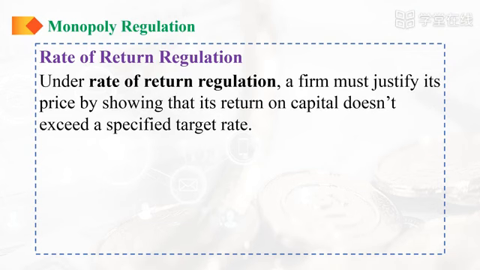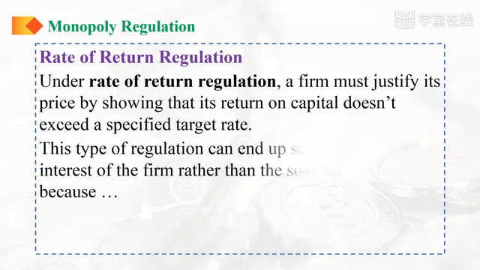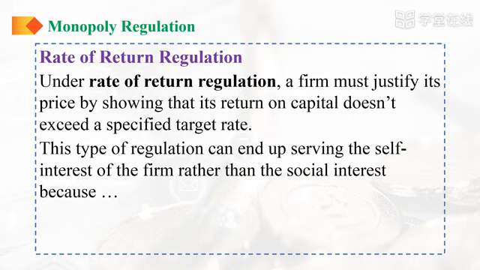In rate of return regulation, a firm must justify its price by showing that its return on capital doesn't exceed a specified target rate. This type of regulation can end up serving the self-interest of the firm rather than the social interest. The firm's managers have an incentive to inflate costs by spending on items such as private jets, free basketball tickets, and lavish entertainment.